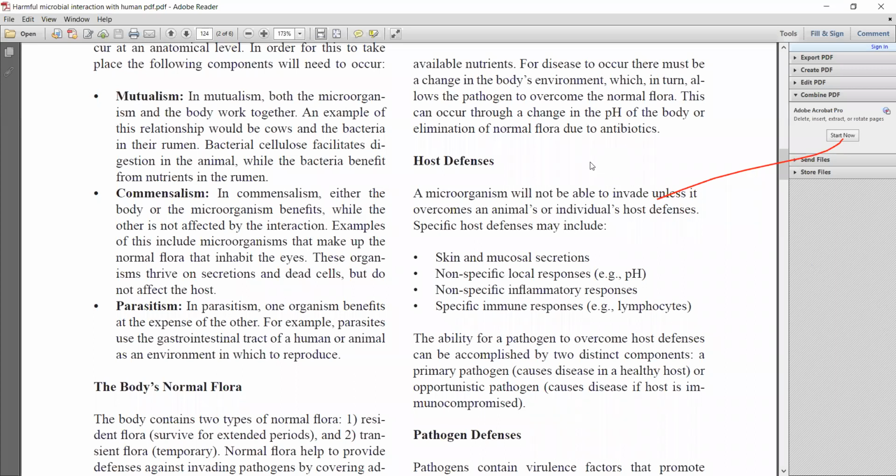So even the bacteria which reside on our body as normal bacteria may turn to cause an infection, and those kinds of bacteria are termed opportunistic pathogens, because the host immunity became weak and the bacteria take that opportunity to cause infection in the host.